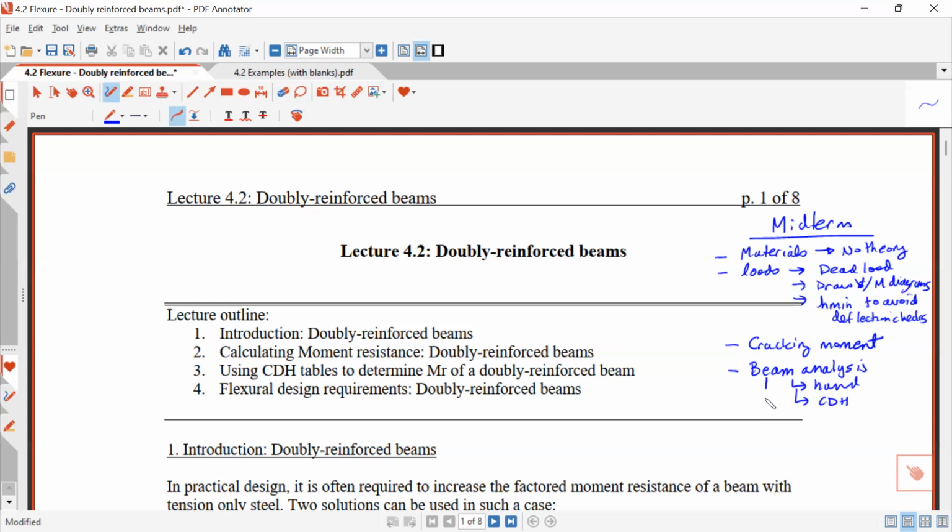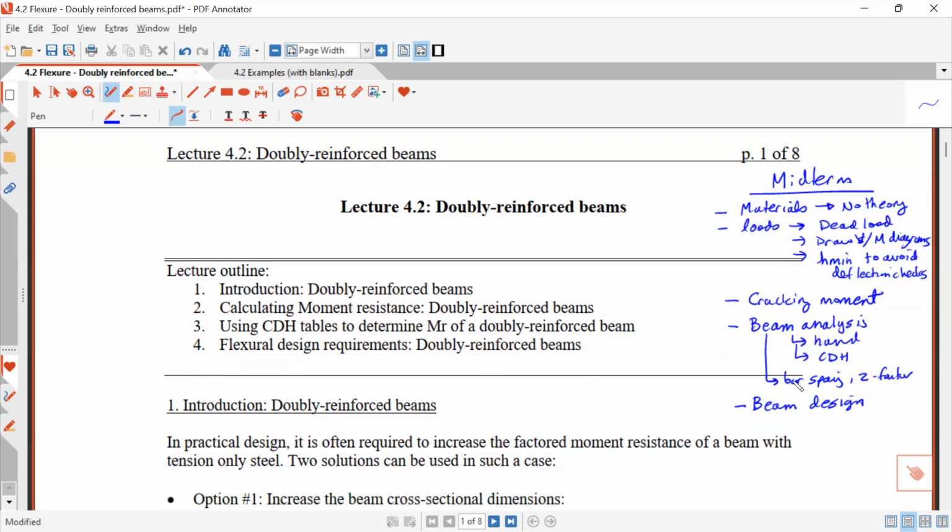We also saw in beam analysis how to do the bar spacing, Z factor, these checks. So these things you should know. And then we went to beam design. We saw these different things: direct, iterative, and then CDH tables.